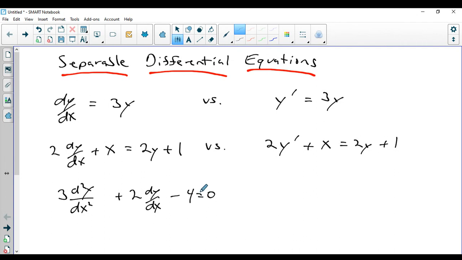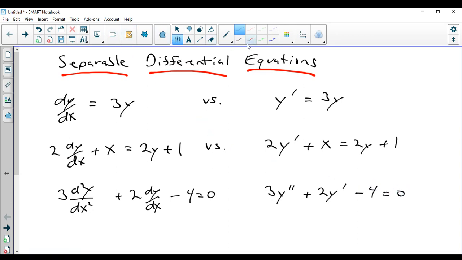Why? Because it's got an equal sign and now there are derivatives in it, not just the first but the second derivative. It's still called a differential equation. In prime notation, you could probably guess: 3y double prime plus 2y prime, and there was no x or y in this one, so just minus 4 equals 0.